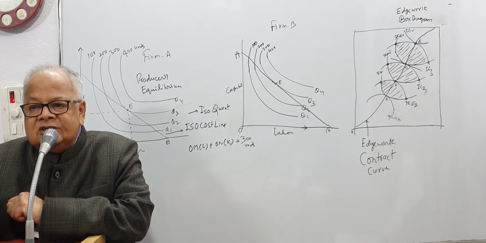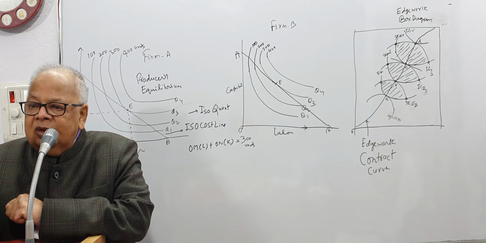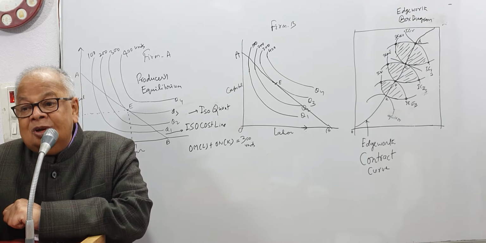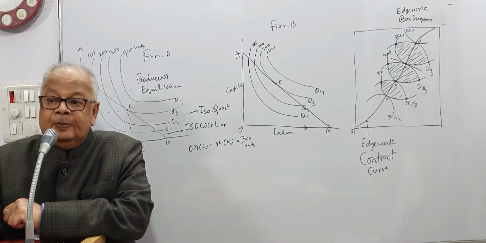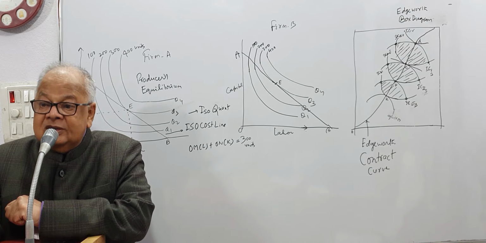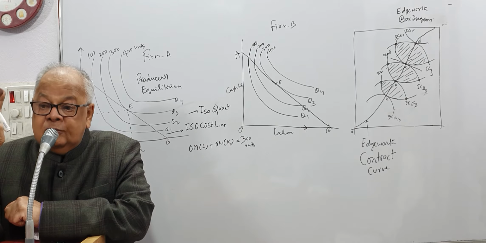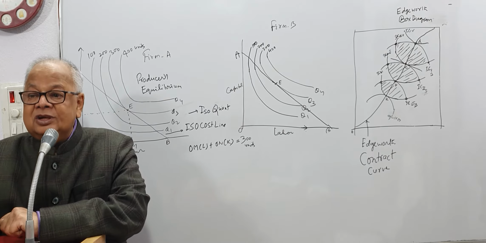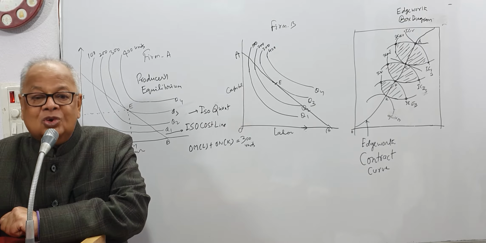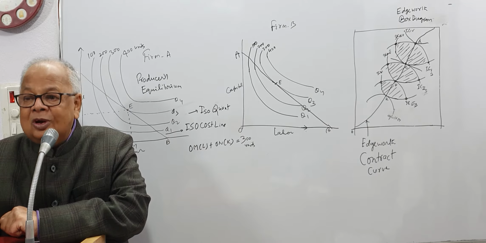Where factor price line is tangent to isoquant in case of firm A and in case of firm B at one point. This is most important factor. At one point, factor price line is tangent to both isoquant of firm A and isoquant of firm B.